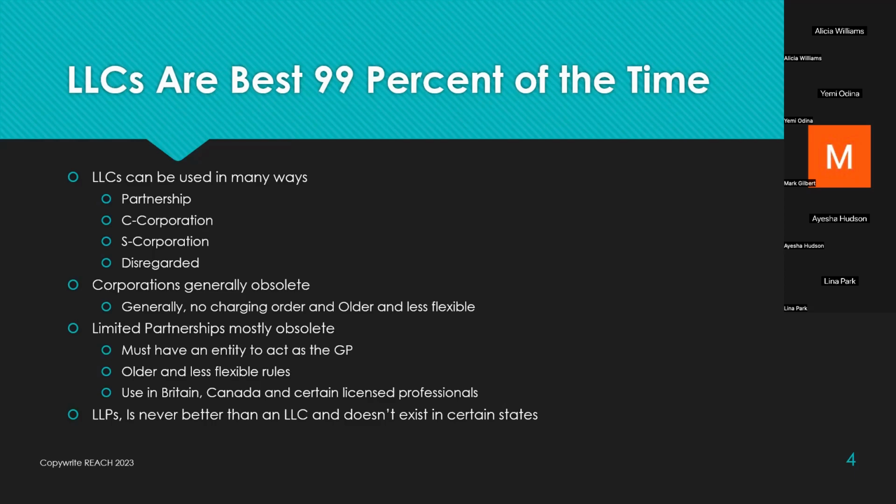LLCs fall into your individual tax, so they're not like a C corporation, where you file a personal tax and a corporate tax, and that's where a lot of times you get taxed twice.